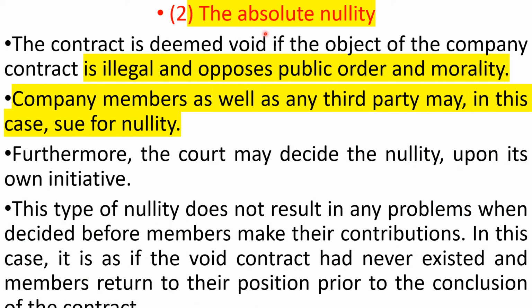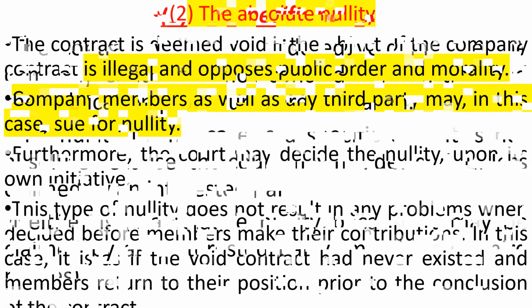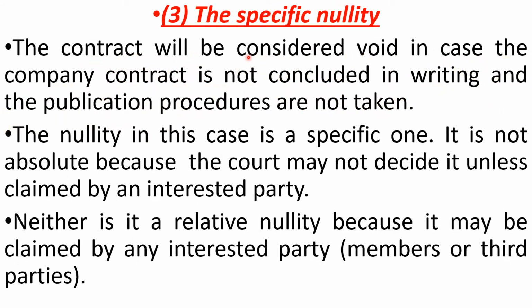Second, absolute nullity. Absolute nullity happens if the company contract is illegal and opposes public order and morality, like a contract about drugs, weapons, and so on. Third, specific nullity, when the company contract is not concluded in writing and publication procedures are not taken. Neither is it relative nullity, because it may be claimed by any interested party.